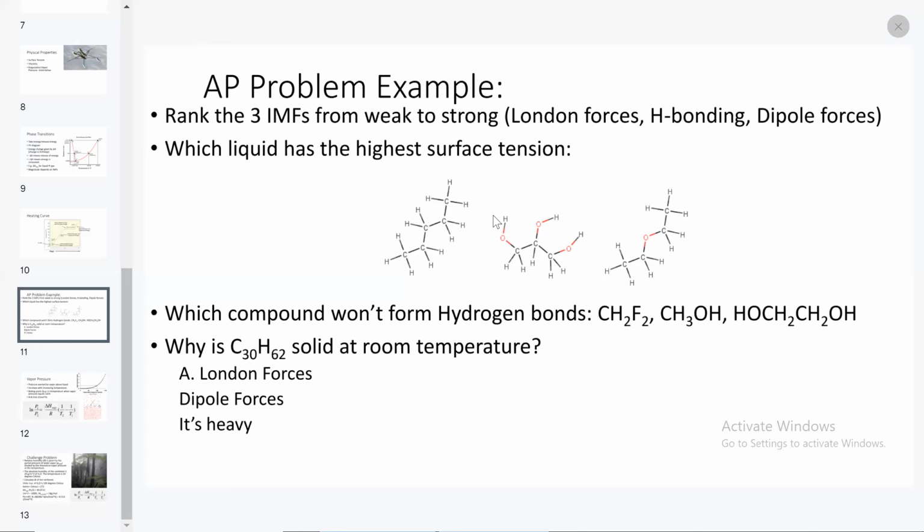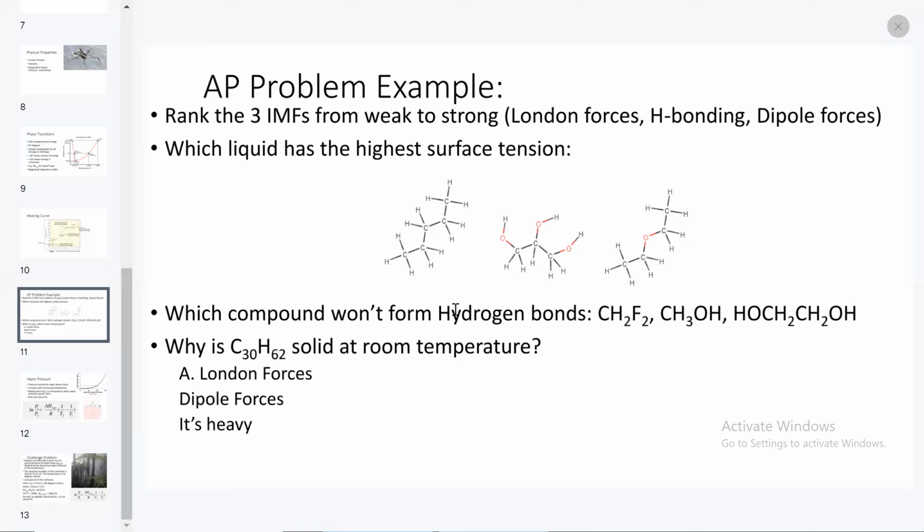And here we have glycerol. Glycerol is a very thick liquid and it forms one major component of fats, especially your triglycerides, like your animal fats and olive oil, for example. So it's very thick and it's used to add moisture and stuff.